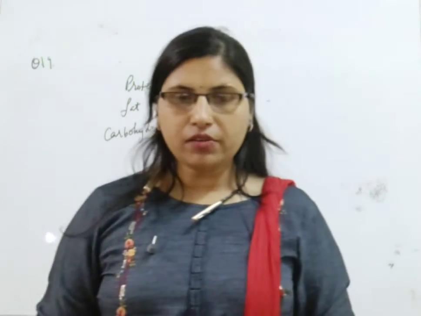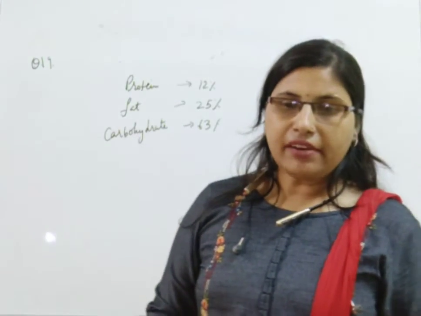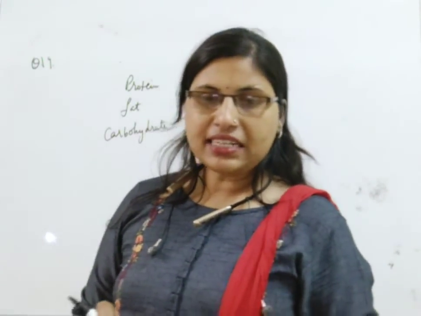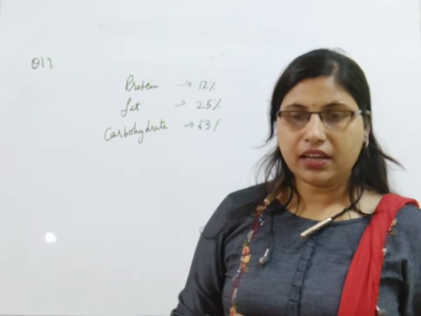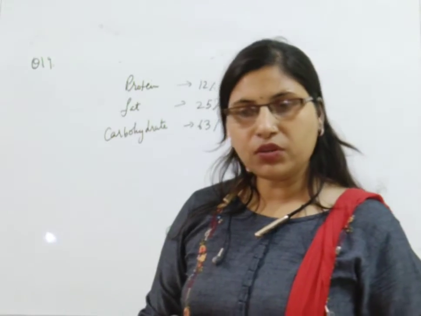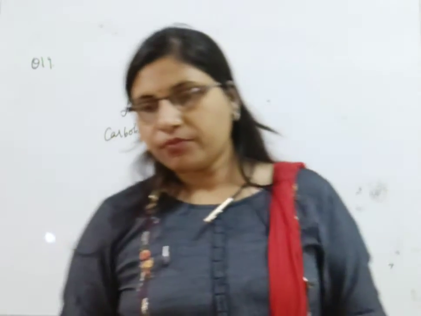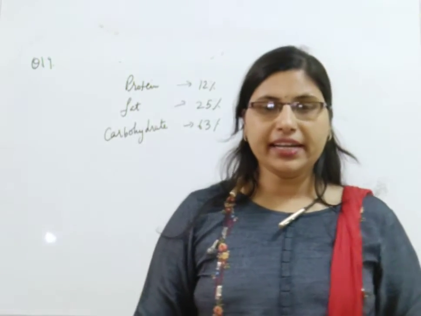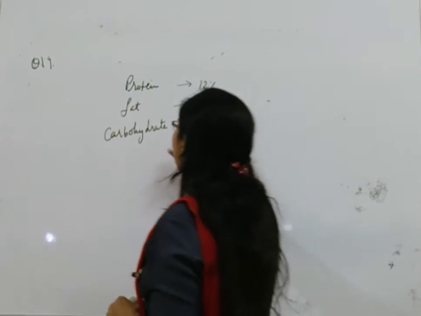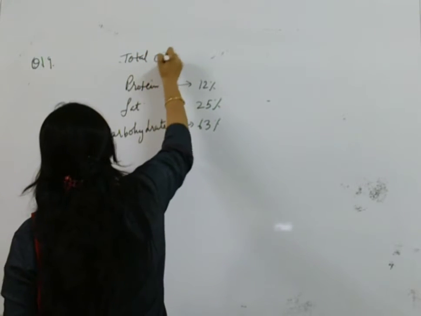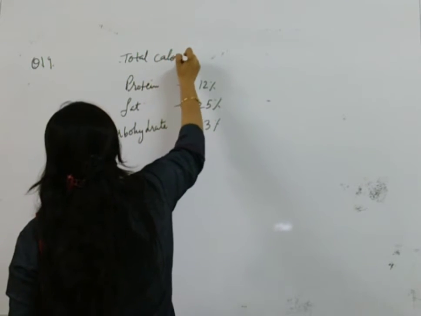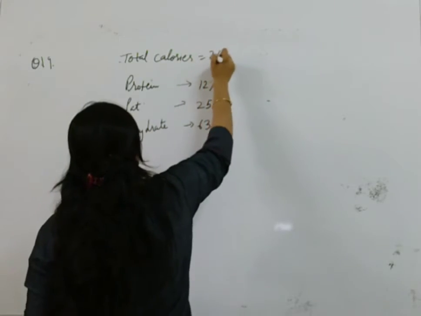Now we have to calculate the calories. A child needs 2600 calories in his food daily. Find in calories the amount of each of these in his daily food intake. So if the total calorie intake is 2600, total calories is equal to 2600.